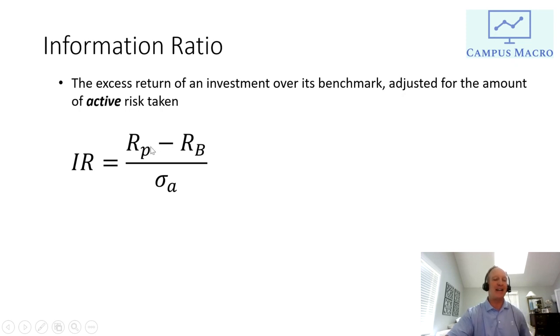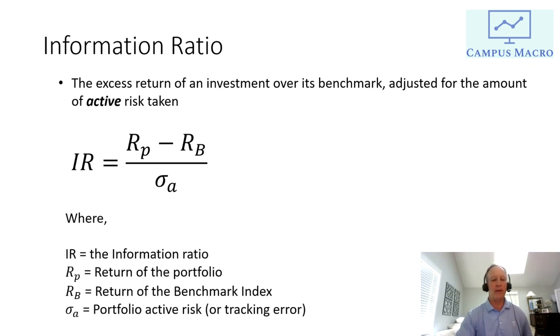So you can think about an active manager trying to beat the S&P 500. This would be the active return, the return of the portfolio minus the return of the S&P 500, divided by the tracking error. And we'll walk you through what we mean by the tracking error. But it is another standard deviation type of number, or the active risk, as it is often called as well, as you see down here at the bottom. Okay, so those are the four measures we're going to hit.